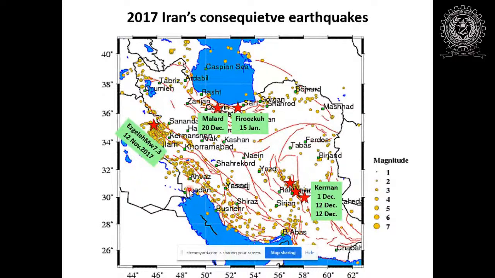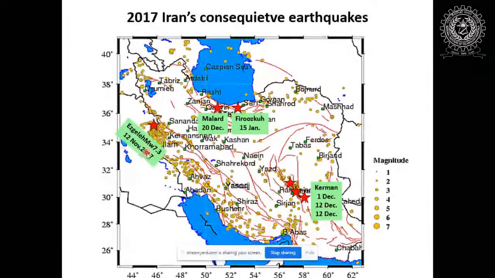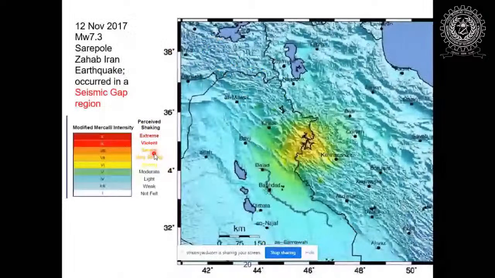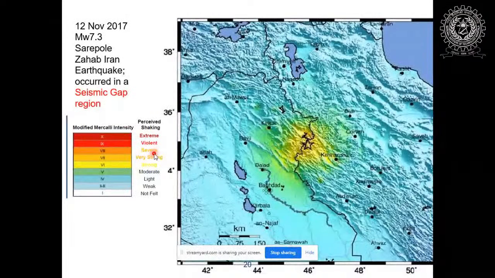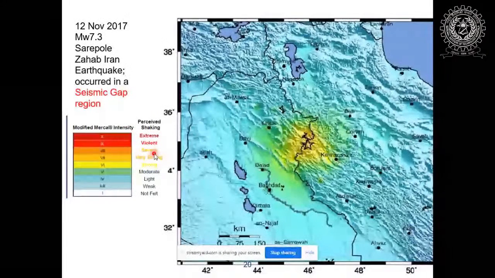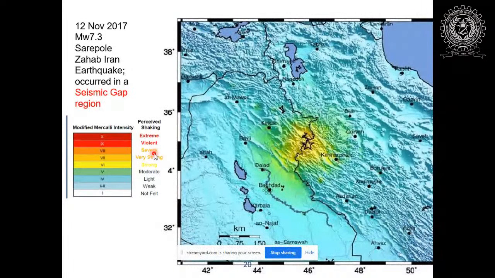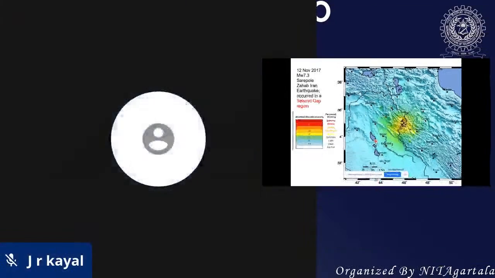On 12 November 2017, there was the Ezgeleh Sarpol-Zahab earthquake with a magnitude of 7.3, and this earthquake occurred in the seismic gap region in the western Zagros belt, in a part where almost nobody had expected a major 7.3 earthquake.